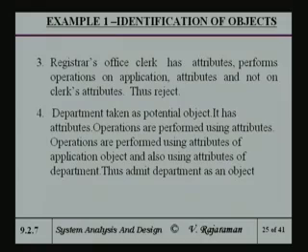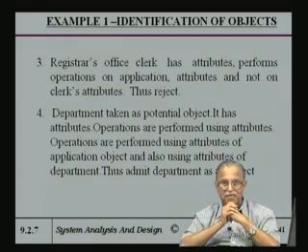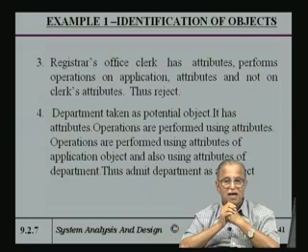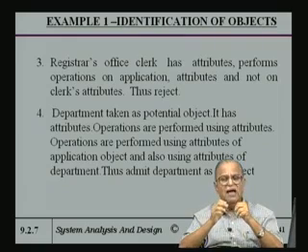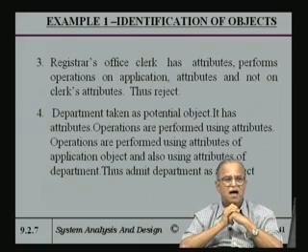Okay. Registrar office clerk: the clerk itself has attributes like his age, his salary, his address, and so on. But they are irrelevant. The tasks performed by the clerk on the application are the only things which are relevant.